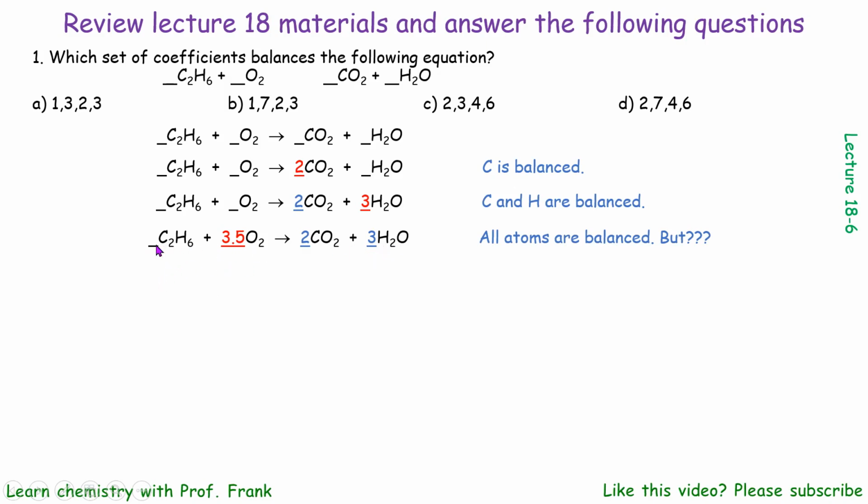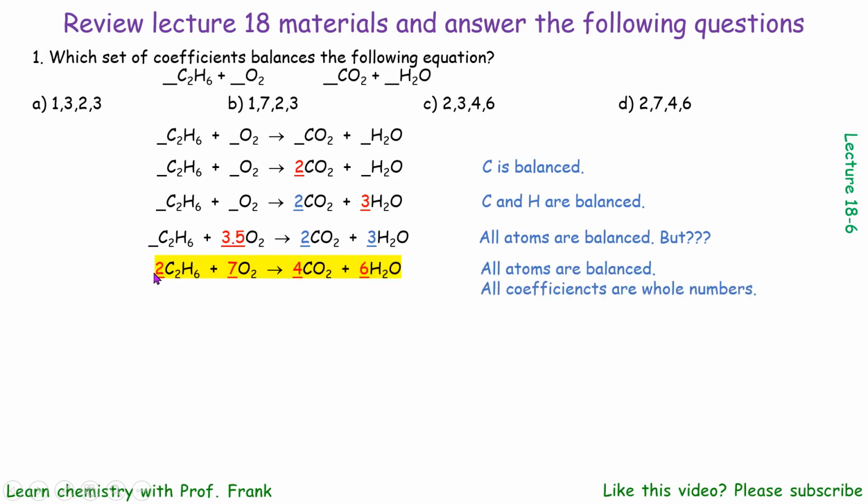For ethane, the coefficient is 1, even though it's not written. So after multiplying by 2, we would have 2 ethane, 7 oxygen, 4 CO2, and 6 water molecules. And now, not only are all atoms balanced, but also all coefficients are whole numbers.